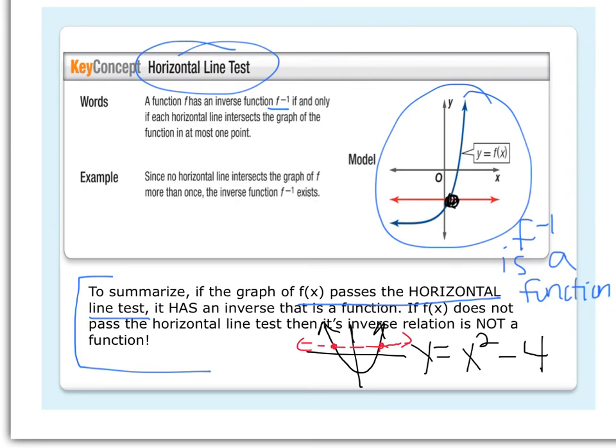So just by looking at the graph of f, without even having to find the equation and graph the inverse, I know whether the inverse is going to be a function or not. The graph of f does not pass the horizontal line test, so its inverse is not a function.